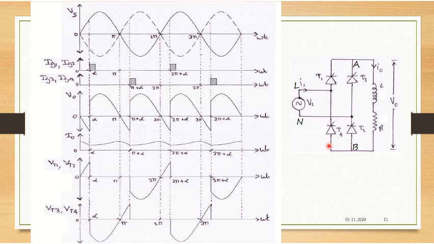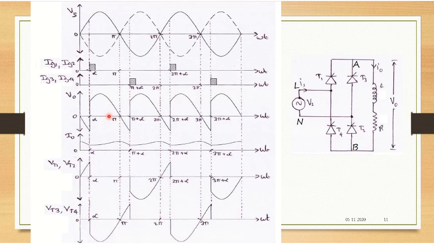So what happens if alpha is greater than 90 degrees? Observe here the output if alpha is greater than 90 degrees. Say you are triggering here after 90 degrees. How will the output be? Your output voltage will be starting from somewhere here, and this negative part would be extending here, right? I hope you are able to follow my pointer there.